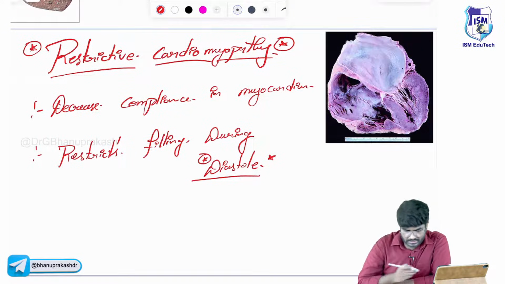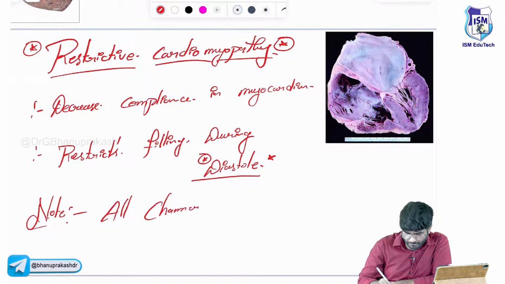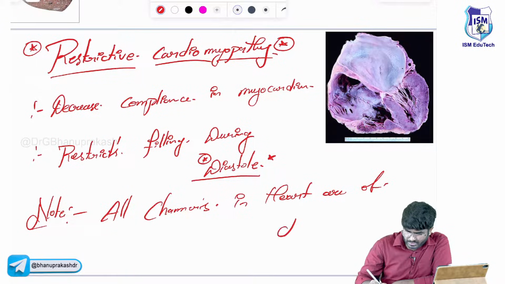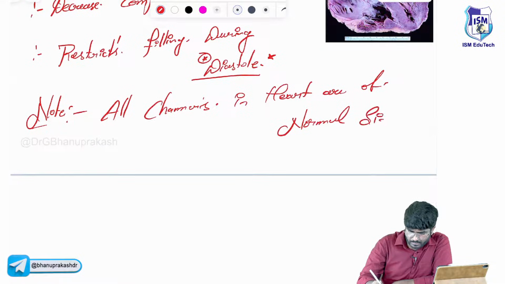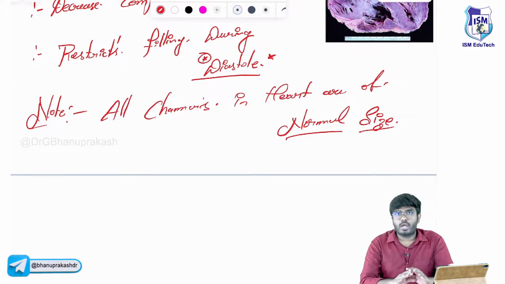Now in this restrictive cardiomyopathy, one important point which I want you to know for your exams is all chambers in the heart are of normal size. Left ventricle, left atria, they're all of normal size, sir. All are of normal size.